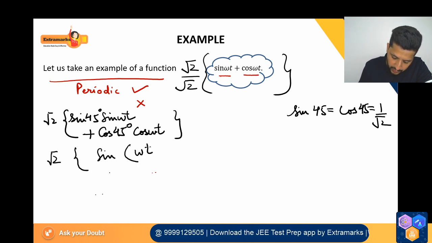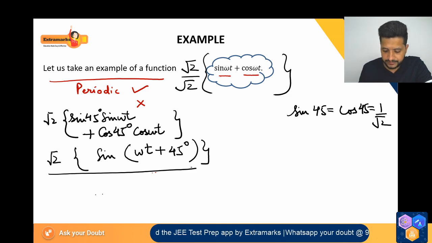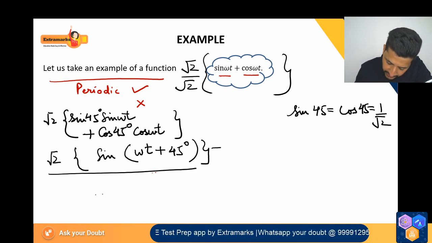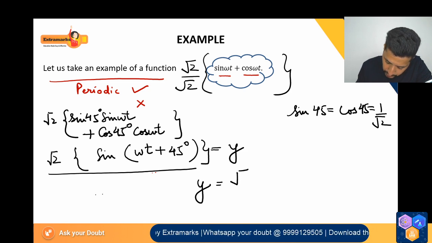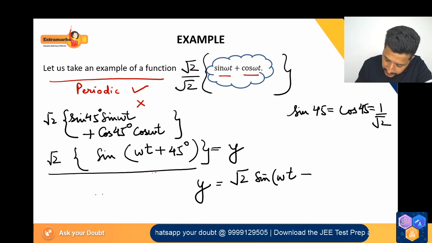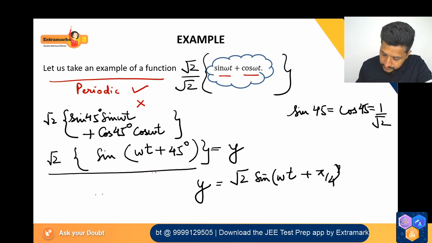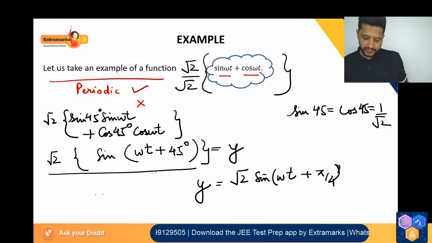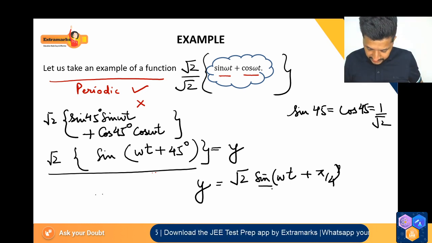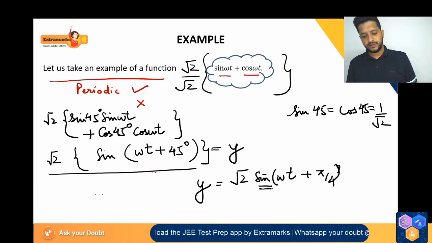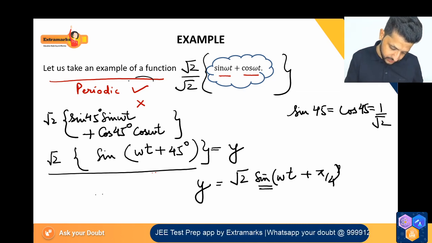What is A? Omega t, and B is how much? 45 degrees. If I call this y, so y becomes what? Root 2 times sine of omega t plus pi by 4. Fine. And because it is a single sine, hence it is periodic.